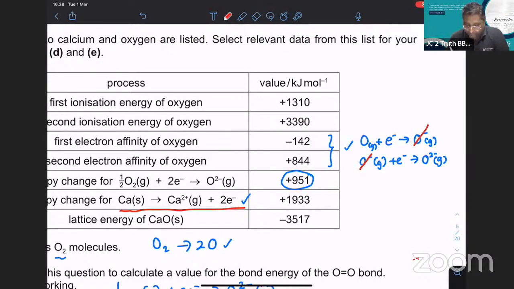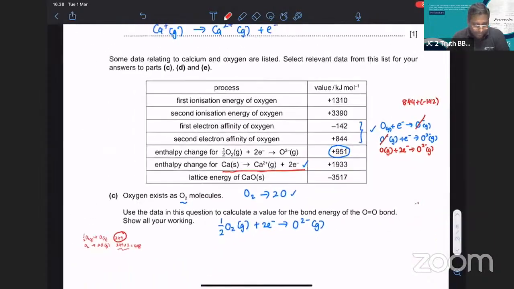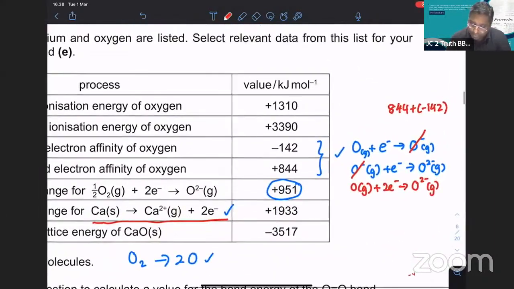When I combine, I will get O gas plus 2 electrons to give me O2- gas. And the value is 844 plus negative 142. If we quickly calculate 844 minus 142, you will get positive 702.